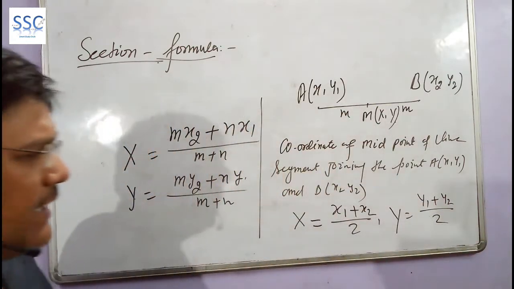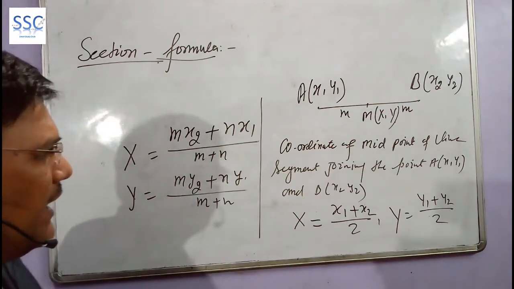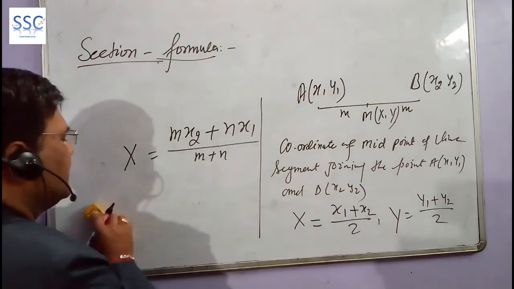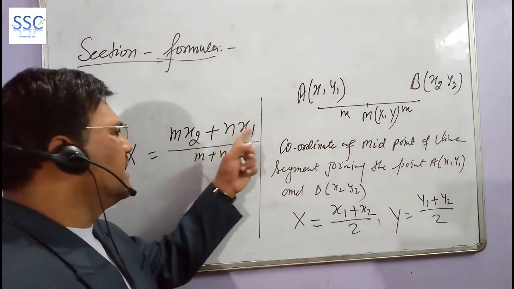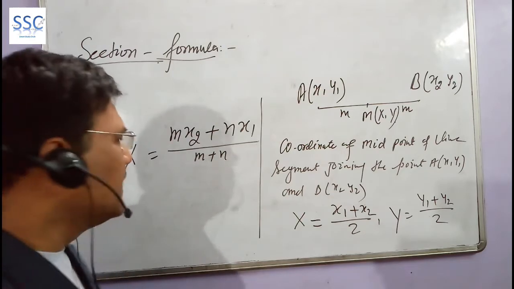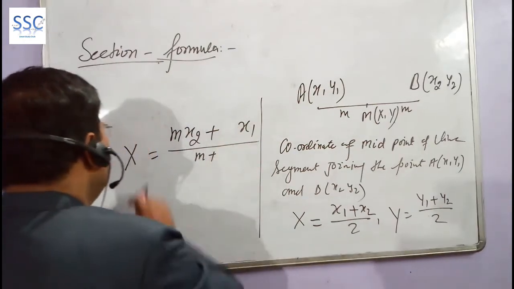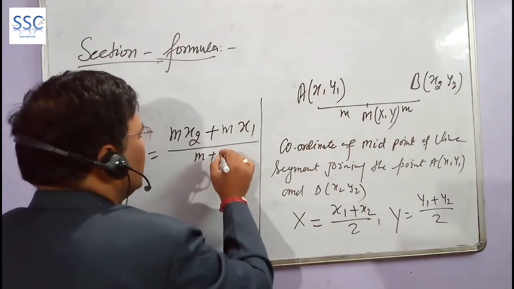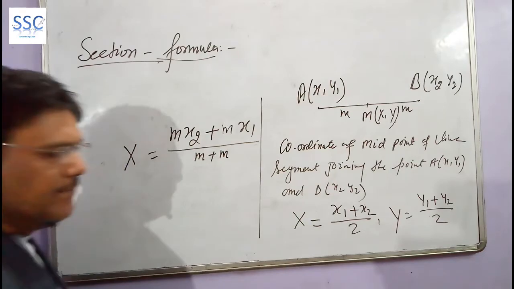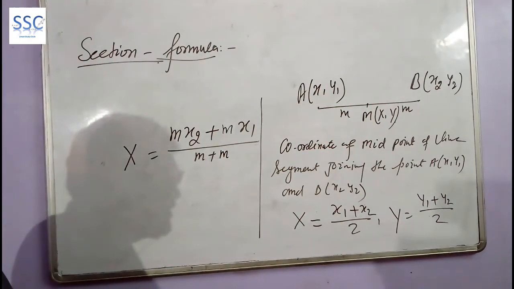It is not another formula, it's the same formula. If you take m and n equal, what we saw earlier, x = (m x2 + n x1) by (m + n). Now here n is equal to m. So x = (m x2 + m x1) divided by (m + m). Since these are in the same ratio for a midpoint, it is 1:1.